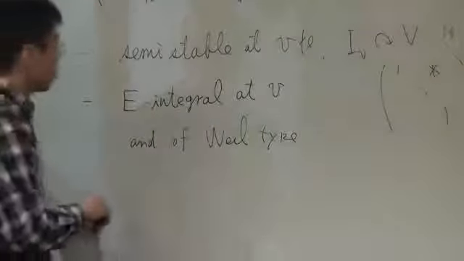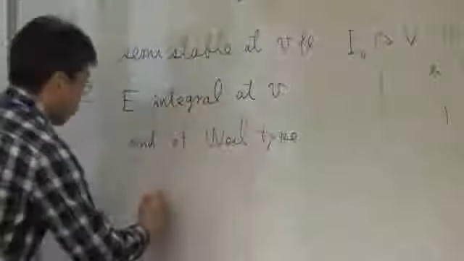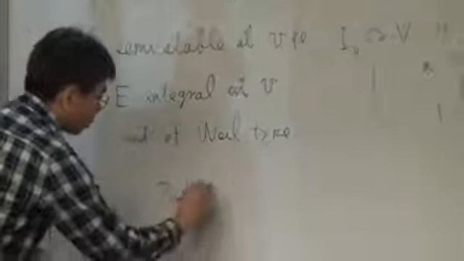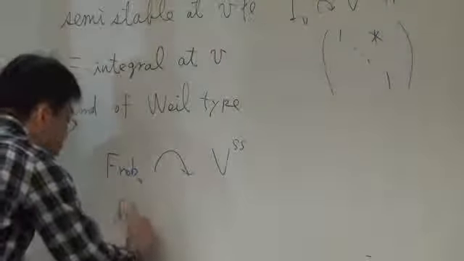Since the inertia action is like this, Frobenius at v acts on the semi-simplification of the representation as a representation of G_v, and so we can consider the characteristic polynomial.